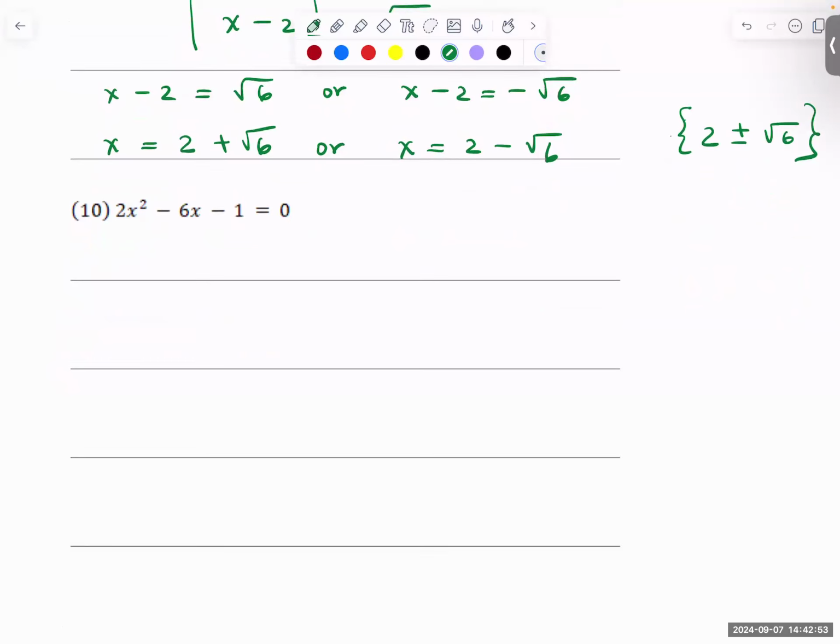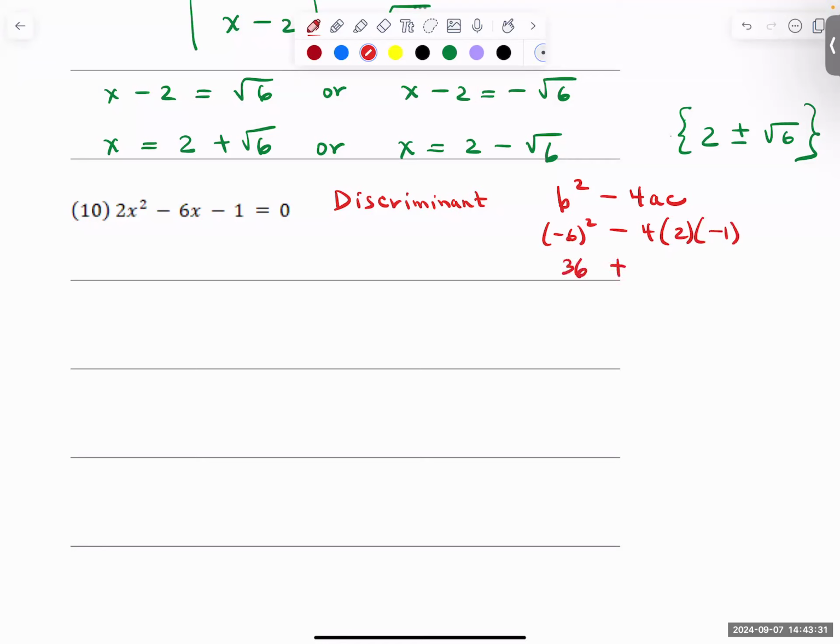Number 10, we have a second degree trinomial. We could check to see if it factors using the discriminant test or factorability. In the quadratic formula, the radicand is b squared minus 4ac. And if we plug in for b in parentheses, negative 6 squared minus 4 times a is 2 and c is negative 1.